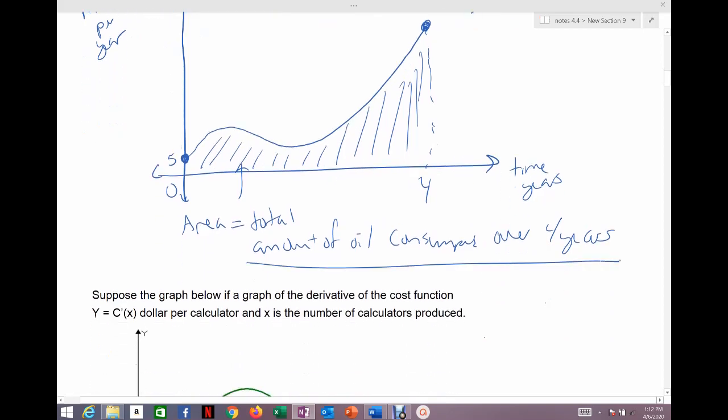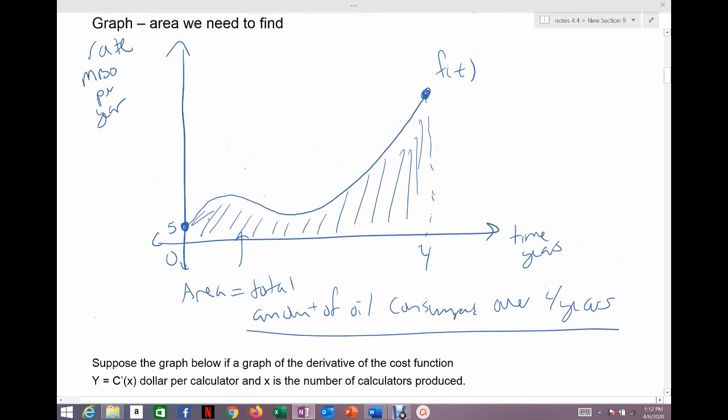So over the 4-year period, we want to find the area under the curve.